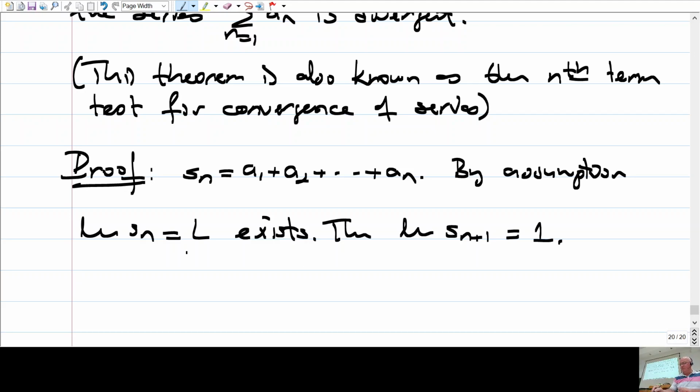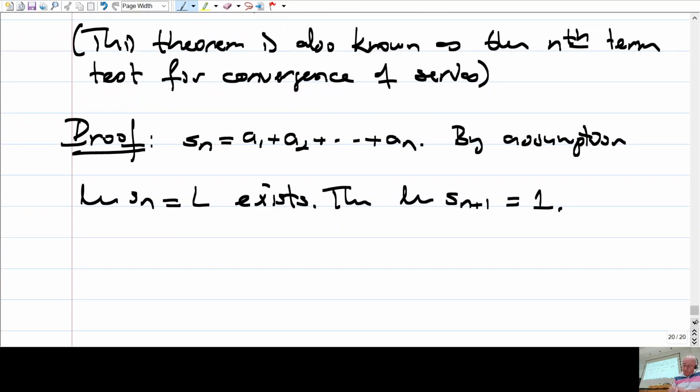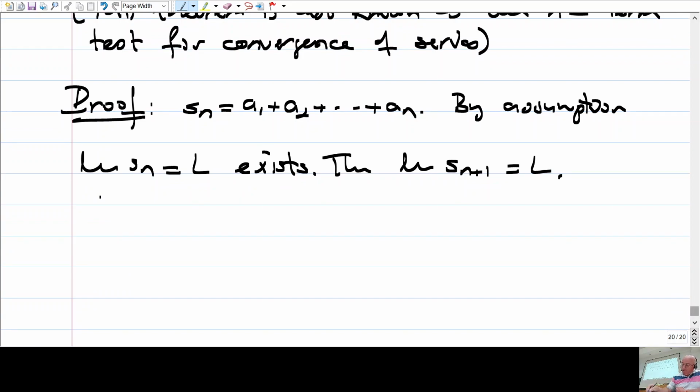So this is exactly the same thing. If someone goes somewhere and if you are just one step behind that person, then you will go to the same place. Okay? Of course, that's not 1, that's L. But now, what is a_n? a_n is just S_n, the sum of the first n terms, minus S_(n-1), the sum of the first n minus 1 terms, right?